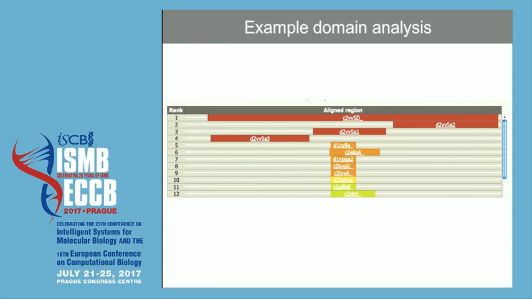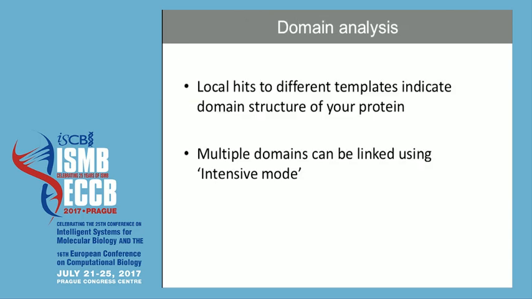And if you wanted to have this top hit, to get a 3D structure, you would have to meld these three components together. And that melding is done when you put in the intensive mode. So there's the normal mode, which uses a single template and is more accurate, but when you need to combine domains, that's the intensive mode.